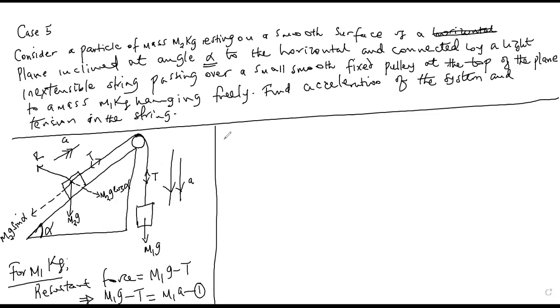For the case of the m2 kilogram mass, since it is moving this way, it means that T is in the direction of motion, while this m2g sine alpha is in its own direction, implying that the resultant force is going to be T minus m2g sine alpha.